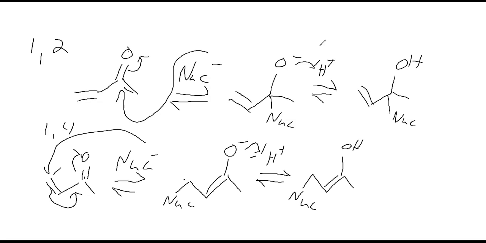And here's the thing, is that this can undergo a tautomerization. Right about this, because we have an enol, that enol, not super stable, can have our tautomerization to form our ketone.